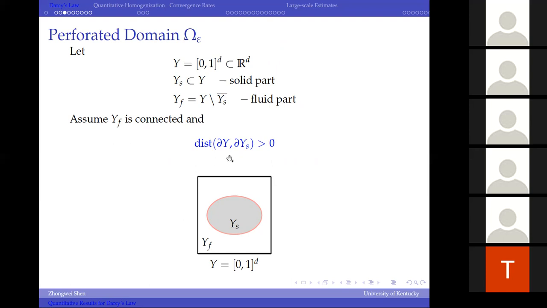Also the distance between the boundary of the solid and the boundary of the cell is positive. This is not important. You can get away without this assumption, but here we're going to assume it for convenience. So that's the picture on each unit cell.